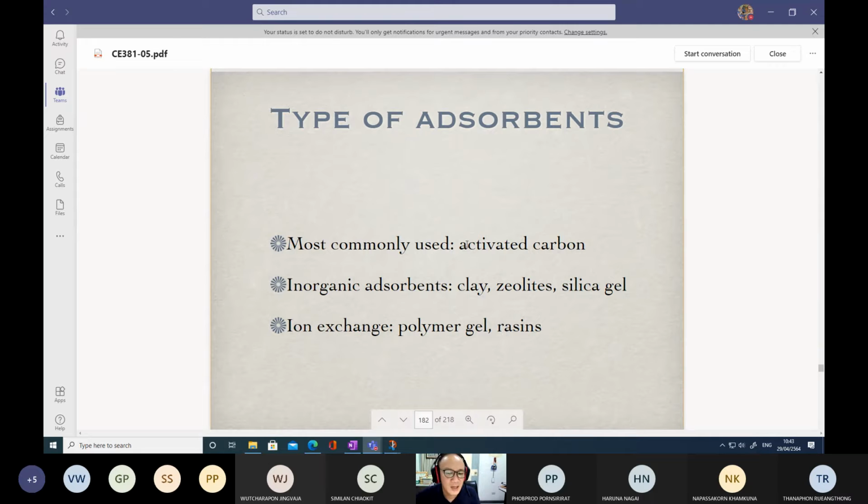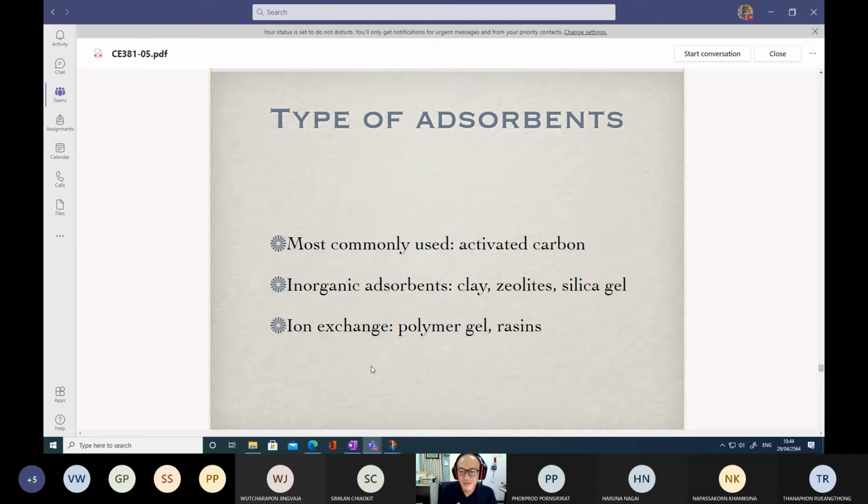Adsorption sometimes also refers to the ion exchange, but actually it's different. The ion exchange is totally different from the adsorption, but it's also part of the process used to remove fine particles or the trace pollutants.